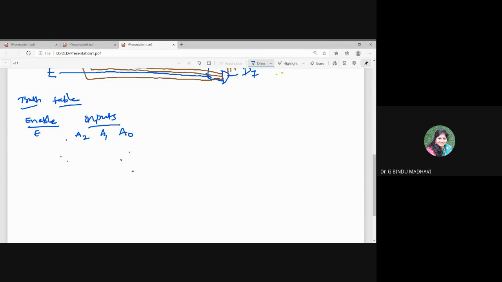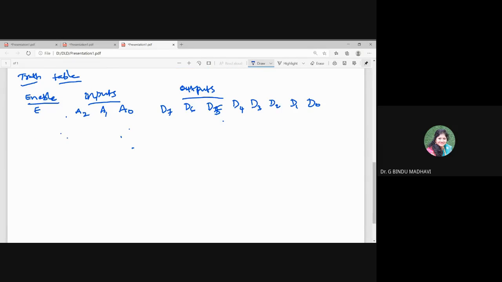Next, the outputs you can write as D7, D6, D5, D4, D3, D2, D1 and D0.